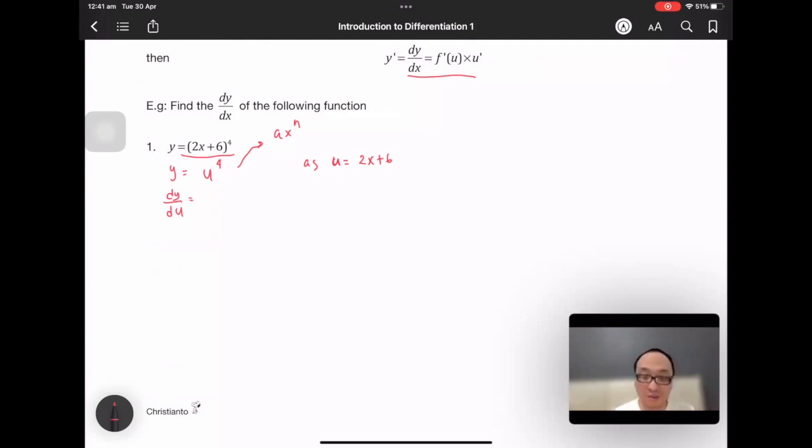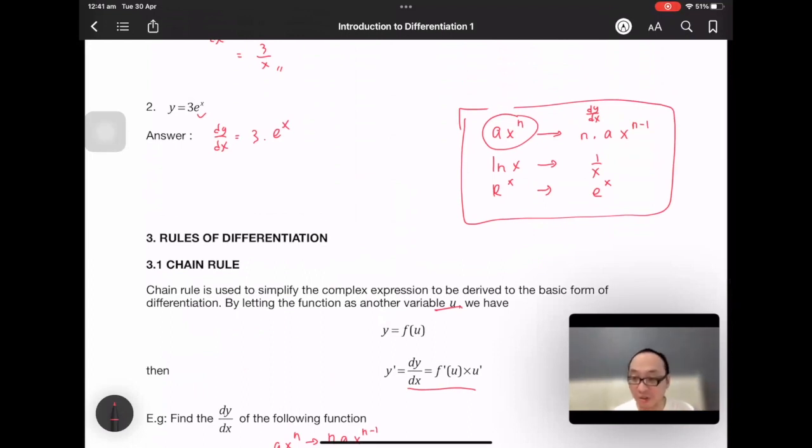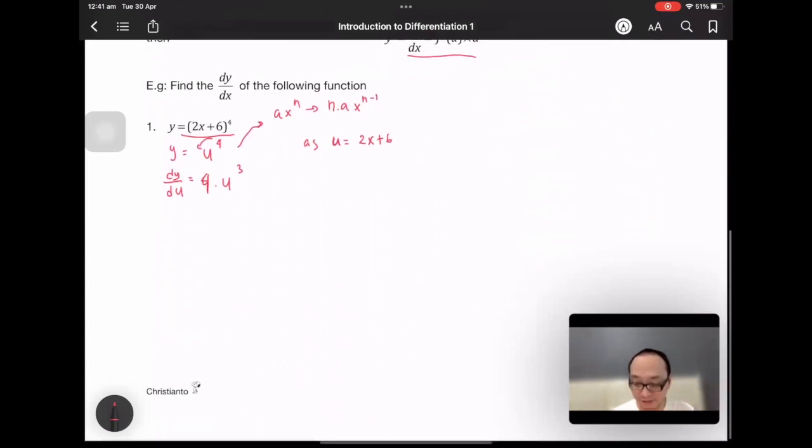The power moves down: 4 times u to the power of 3, as the basic formula goes, n times ax to the power of n minus 1. Okay, so we have 4u to the power of 3.